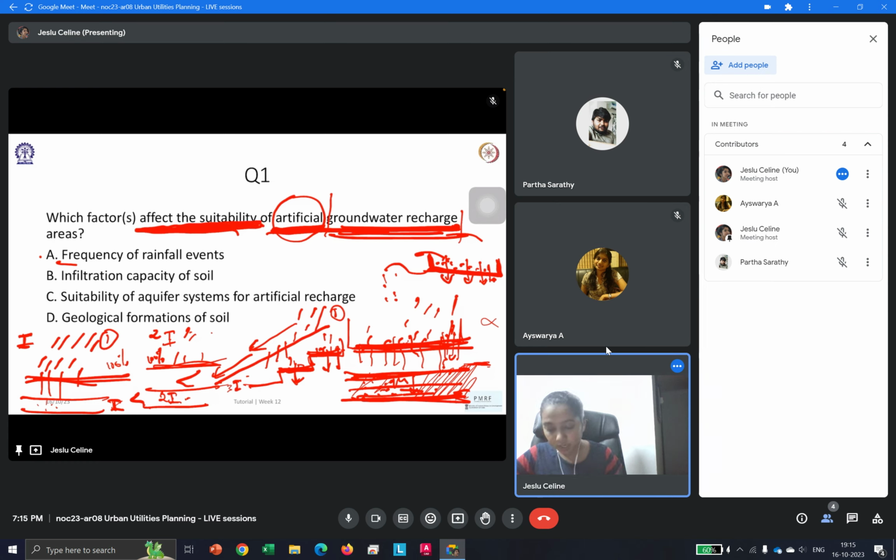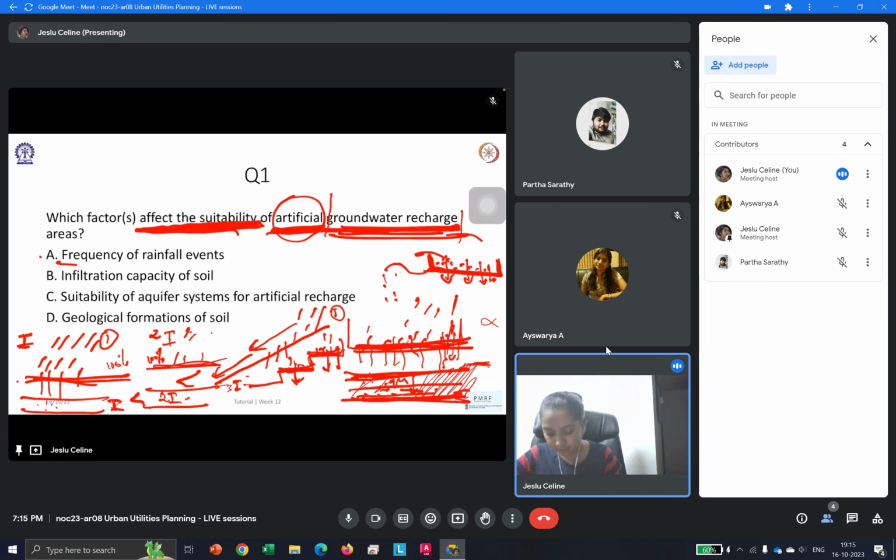So now the question is asking which factors affect the suitability of artificial groundwater recharge. If this is a flat land with 100% percolation, and this is happening with the frequency of rainfall, then maybe we don't need to do anything. Now imagine you have a sloped land where rainwater is immediately flowing off.